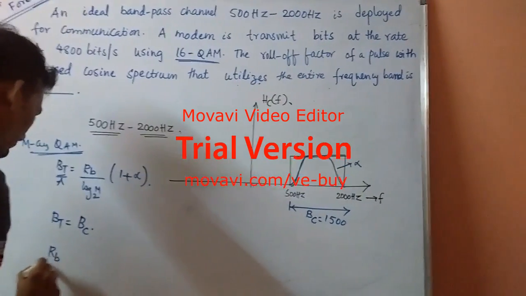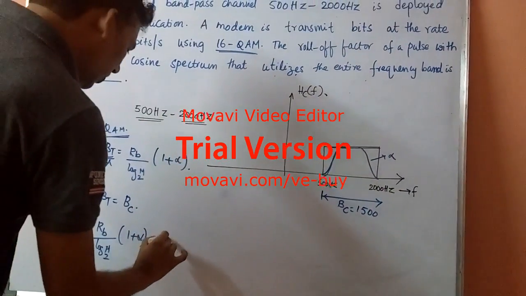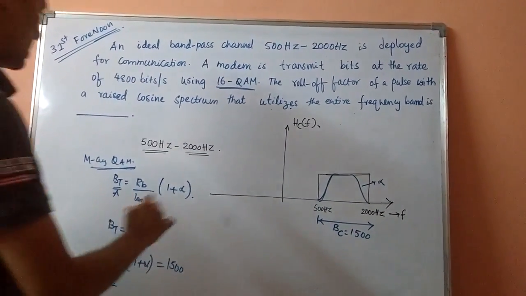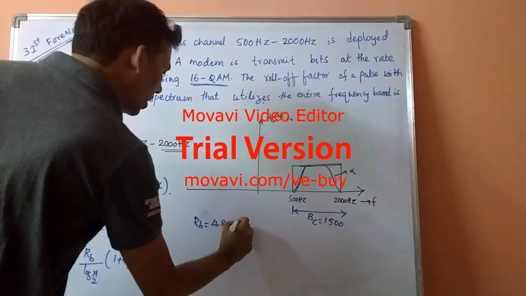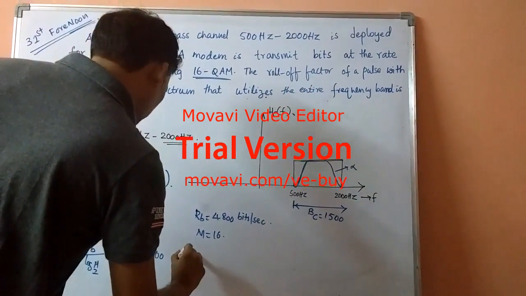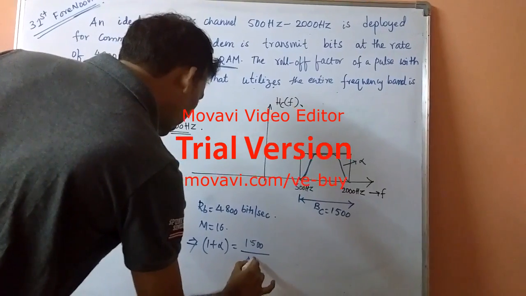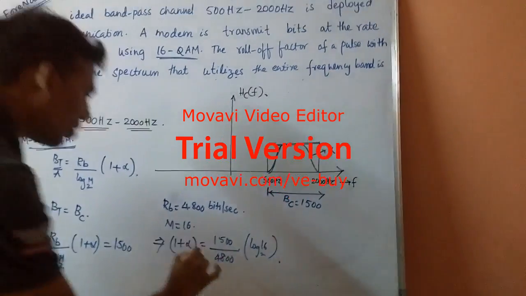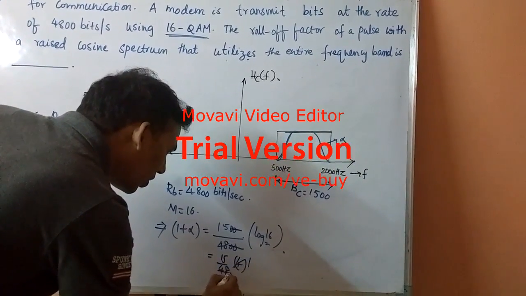So RB over log M base 2 into 1 plus alpha equals the channel bandwidth, 1500. Given the bit rate RB equal to 4800 bits per second and M equal to 16, this implies 1 plus alpha equals 1500 over 4800 into log 16 base 2, which is 1500 over 4800 times 4.